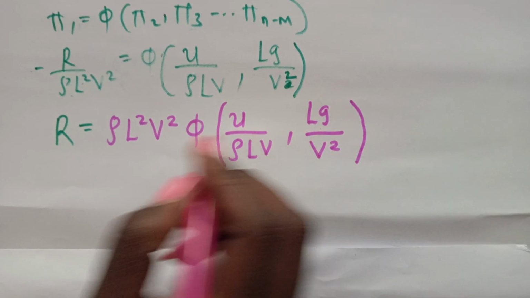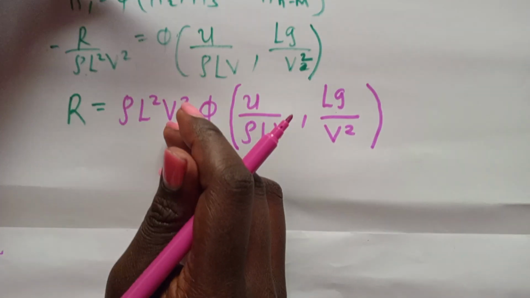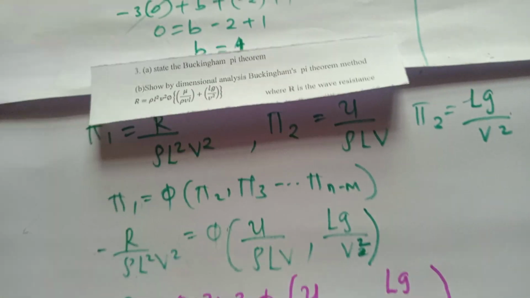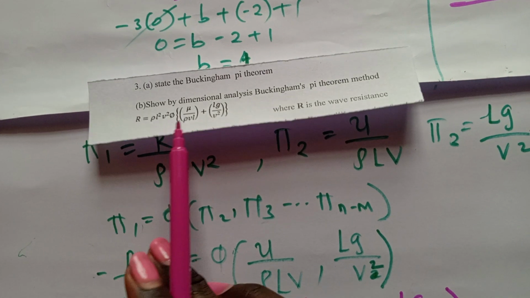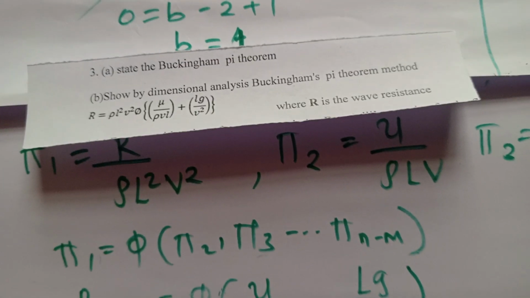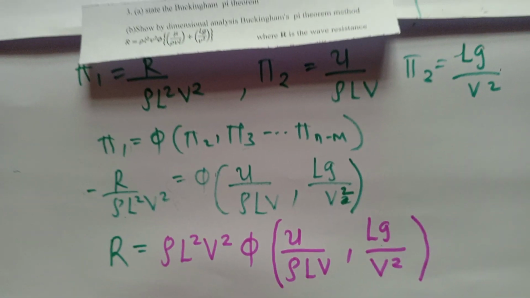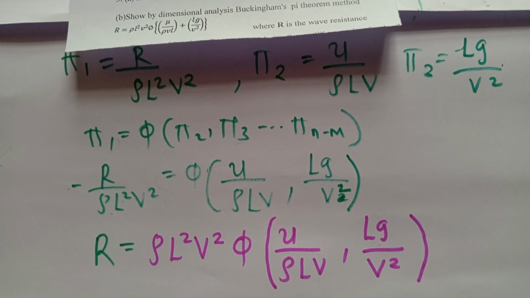So we are done with our question that required us to show by dimensional analysis, Buckingham's pi theorem, that wave resistance is given by this formula. So that is it. It's the simplest way and very interesting, also when you have understood the dimensions of each and every variable.